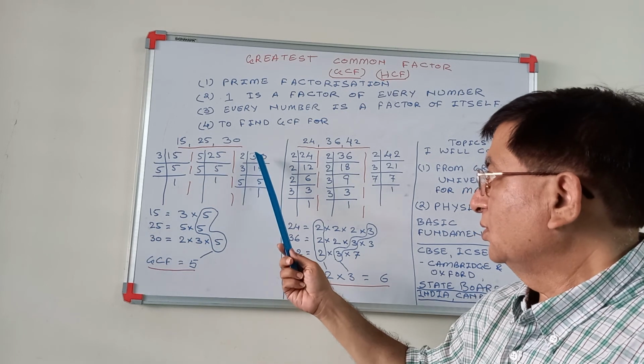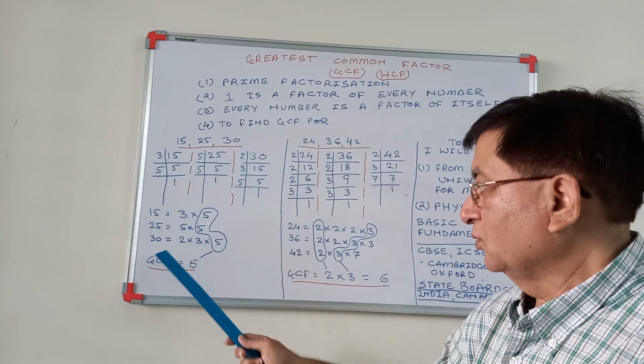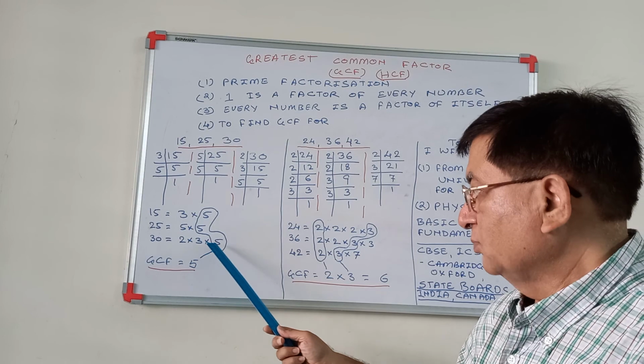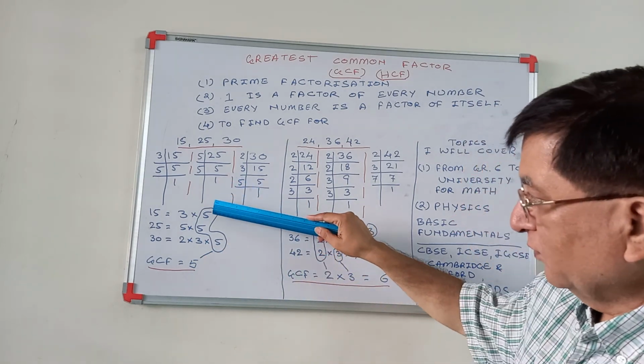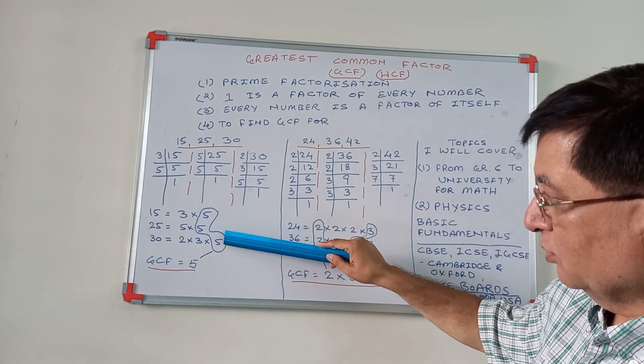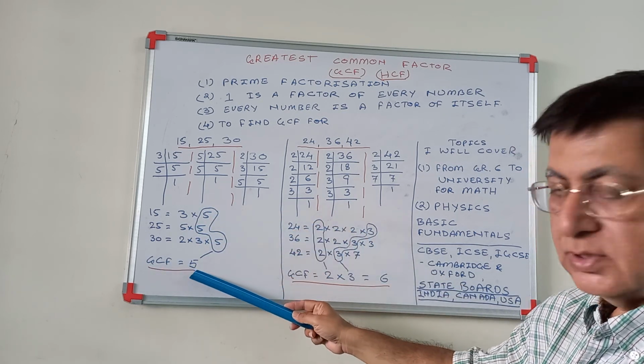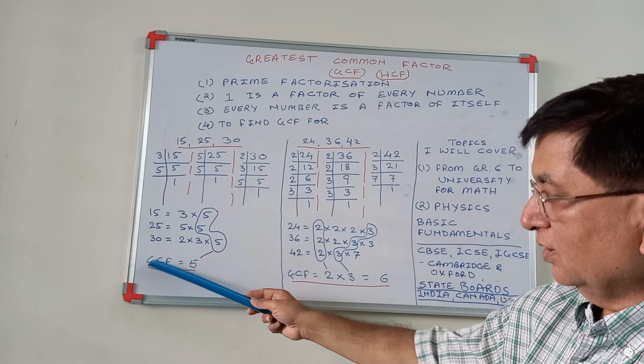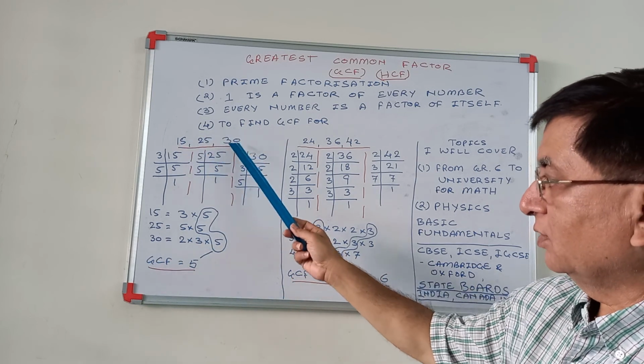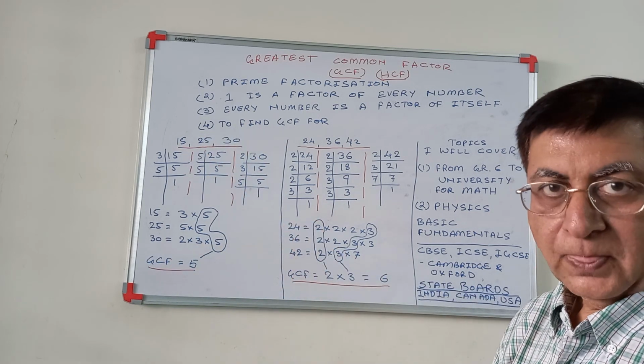And the factors of 30 are 2 times 3 times 5. Now which one is the common factor in all of these? 5 is the common factor, and so our GCF becomes 5. So the greatest common factor for 15, 25 and 30 is 5.